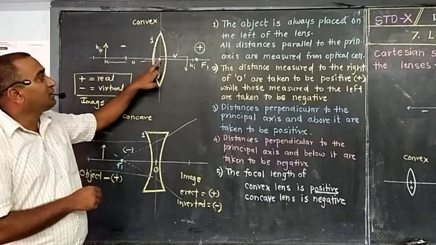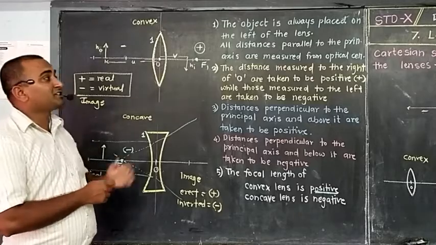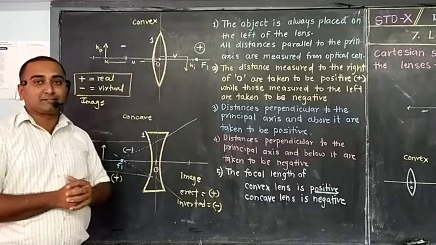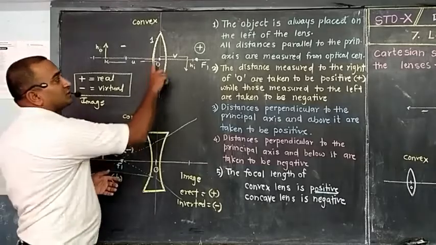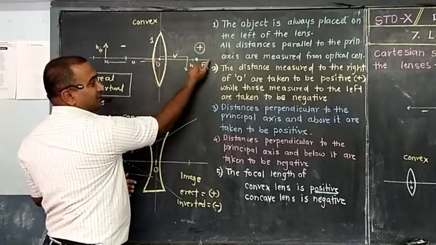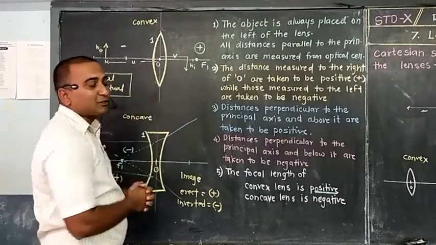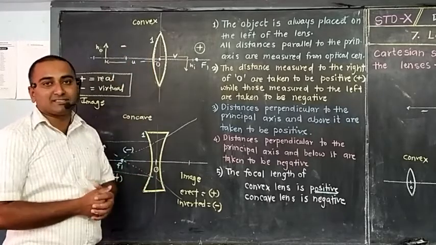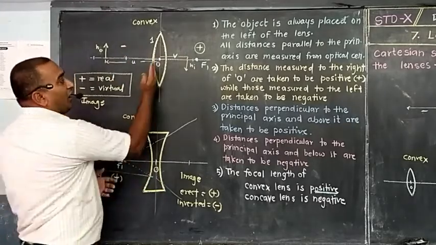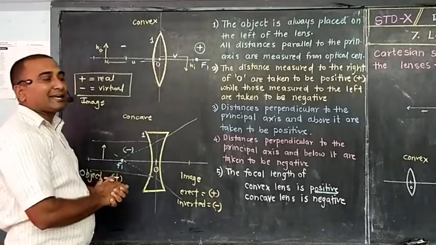Third, distances measured to the right side of the optical center are positive. So if the image is real, the image distance is positive; if the image is virtual, the image distance is negative. All the distances to the left side are considered negative.